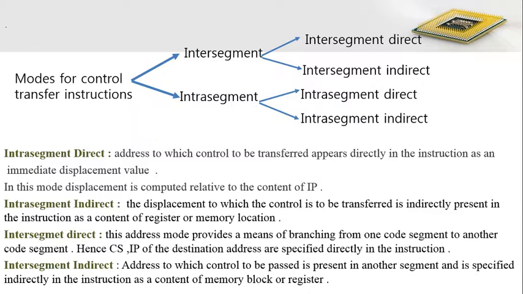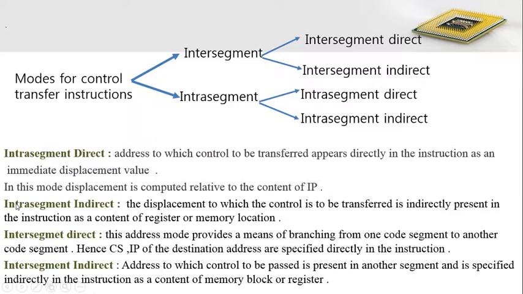So the code segment address is the same for both the currently executed instruction and the instruction to which control is transferred. We just need to calculate the displacement value with respect to the instruction pointer value. Using this, we can calculate the displacement of the next instruction to be executed, which is present in a distant location inside the same code segment.